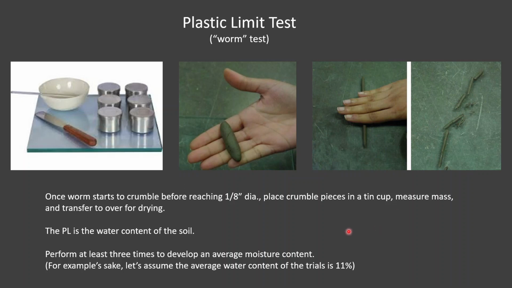And just for example's sake, as we go through some example numbers on the next couple slides, let's say that a particular soil we're working with was determined to have a plastic limit of 11% moisture content, right? And you want to do about 3 of these worms on each soil so you can get an average. You don't ever want to just trust one data point. You want to get at least 3 so we can get good consistency and agreement and get an average.